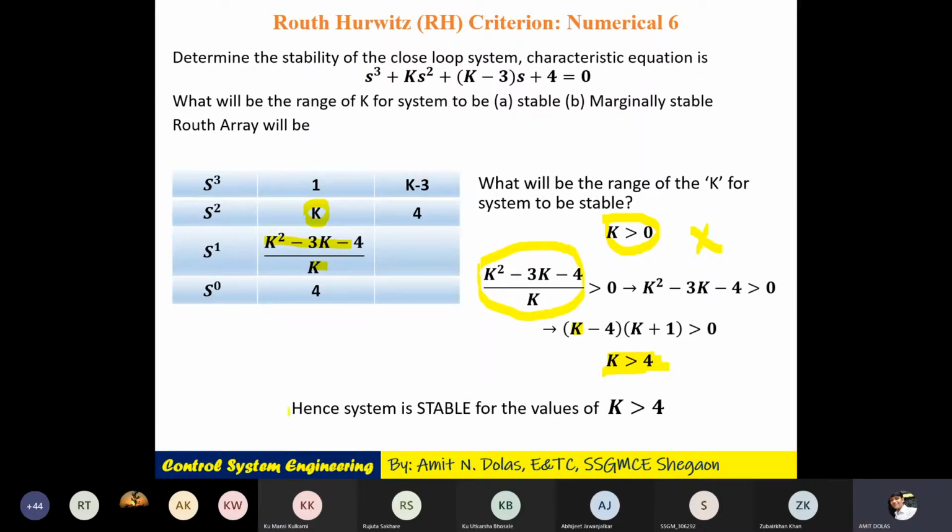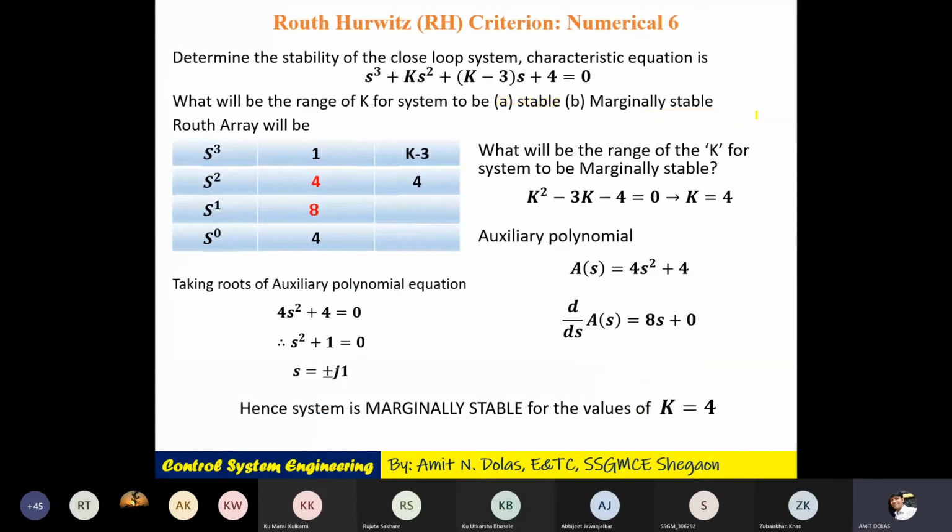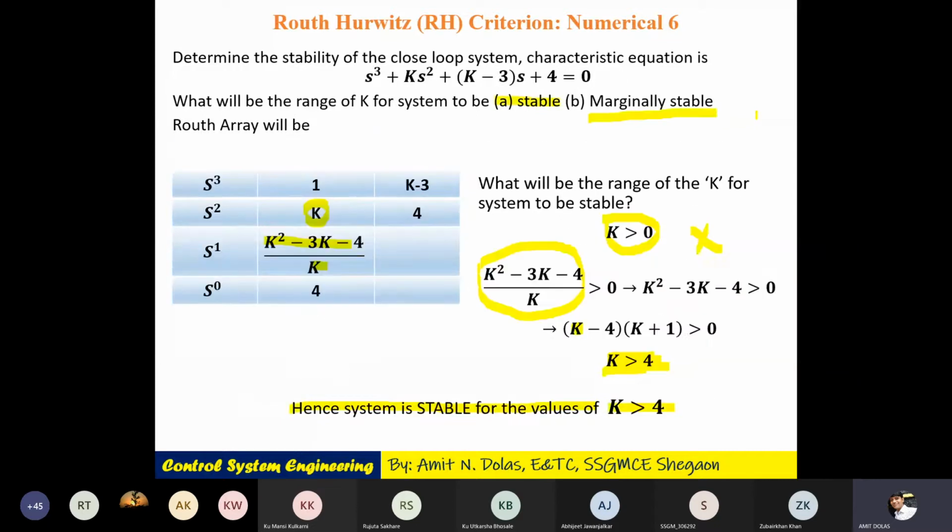So for stability of the system, it is very easy. For stability of the system, your k value should be greater than 4. So this is the answer to the first statement. For a k value greater than 4, the system will be stable. Now we are interested in the next, that is marginally stable. How do we do that? Let's go for this. What is the condition for marginally stable?